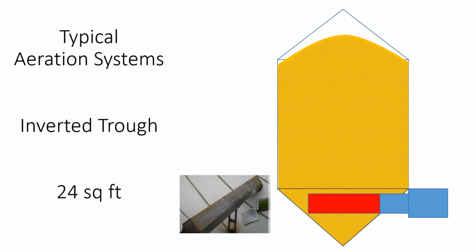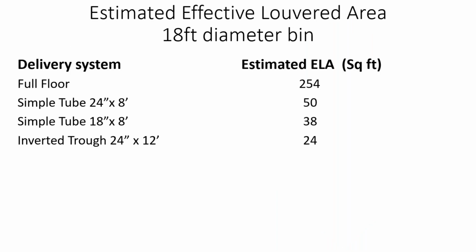So instead of being injected aerially in a simple tube, all the airflow is going directly down, so you have a very high velocity, and that tends to cause significant back pressure. But the 24 square foot, it does show to be somewhat inferior to the simple tube.